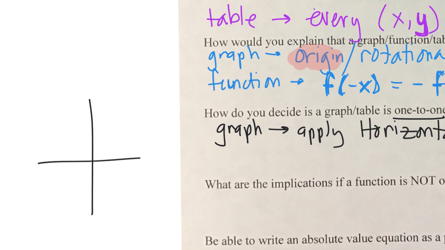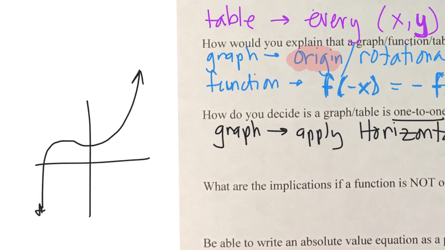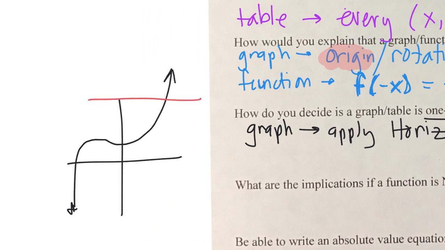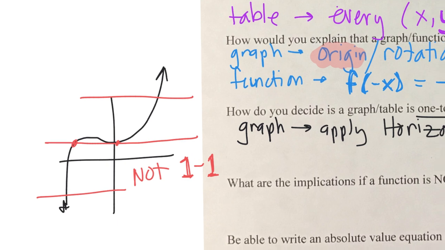It could be a crazy graph or a non-crazy graph. If anywhere the horizontal line crosses the graph more than once, that means this is not a 1-to-1 function. That's all it tells you. If it fails the horizontal line test, then it is not a 1-to-1 function.